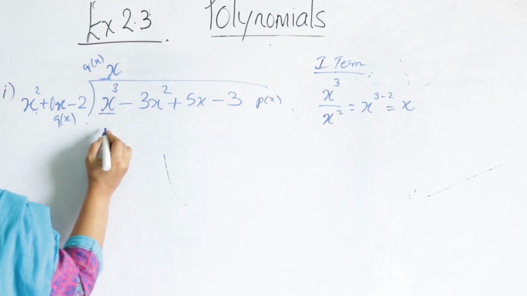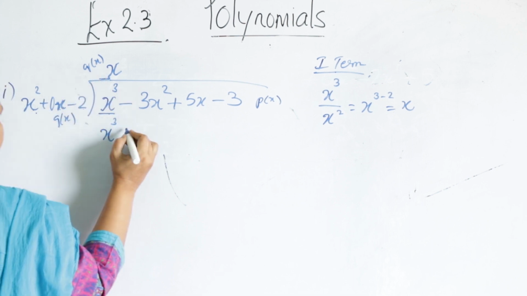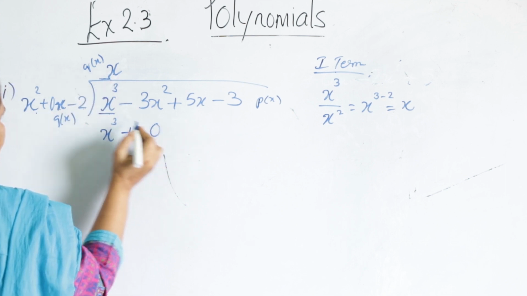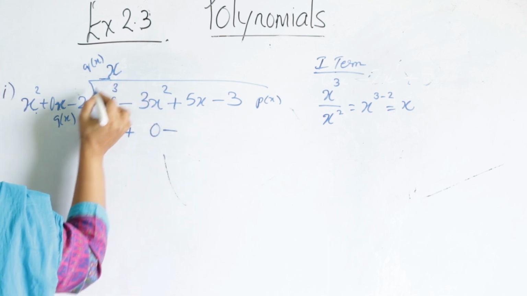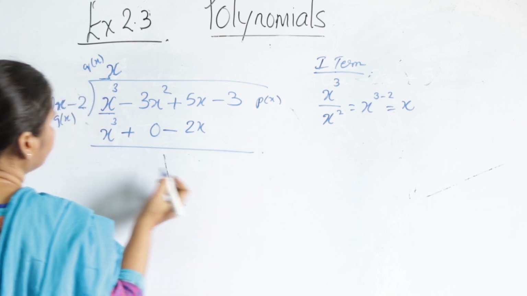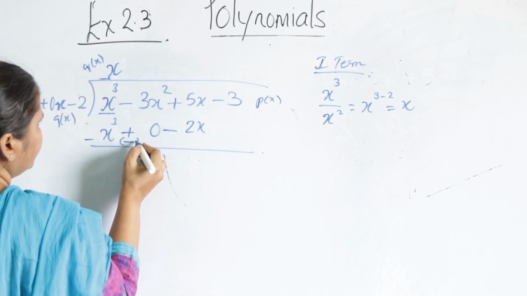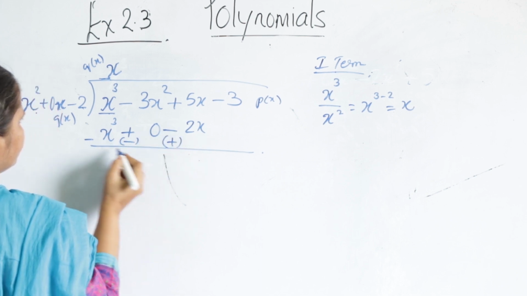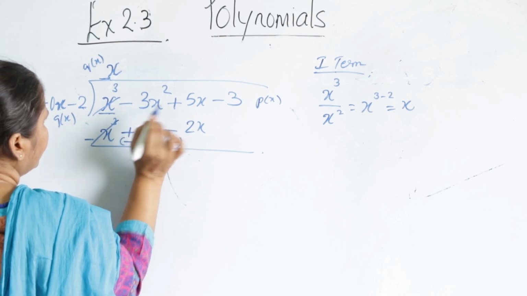x times x square, x cube. Plus into plus, plus. x times 0x, 0. Plus into minus, minus. x times 2, 2x. Change the sign. You don't have to do anything with this actually. Plus, cancel. What are you left with? Just take whatever is there in this.